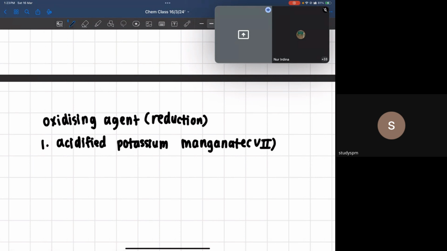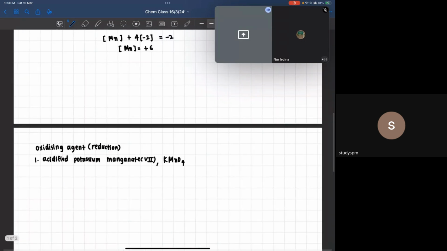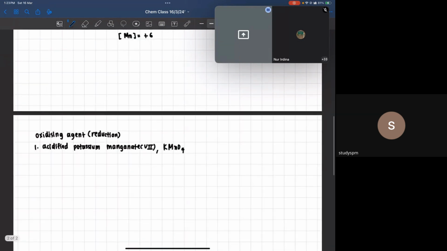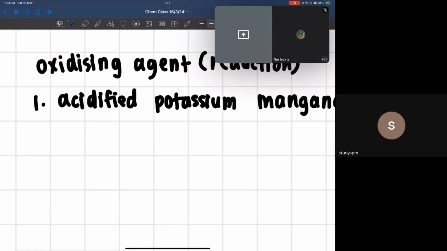Okay, so this one, how do you write? KMnO4. This one, the half equation is quite long. For me, actually I memorized until my SPM. So this one, just now we calculated the iron. For SPM, you don't need to write aqueous solution or solid or liquid.